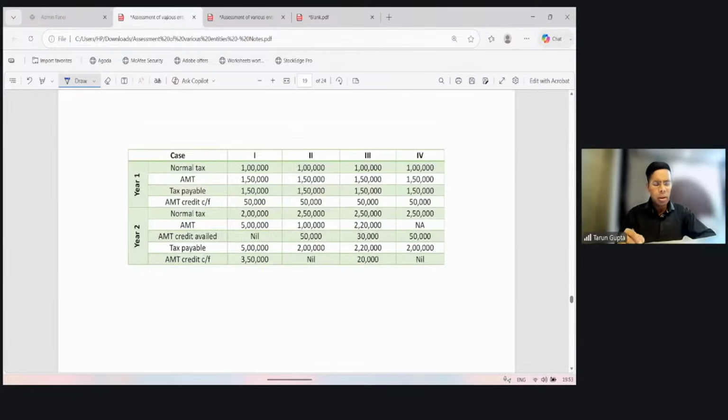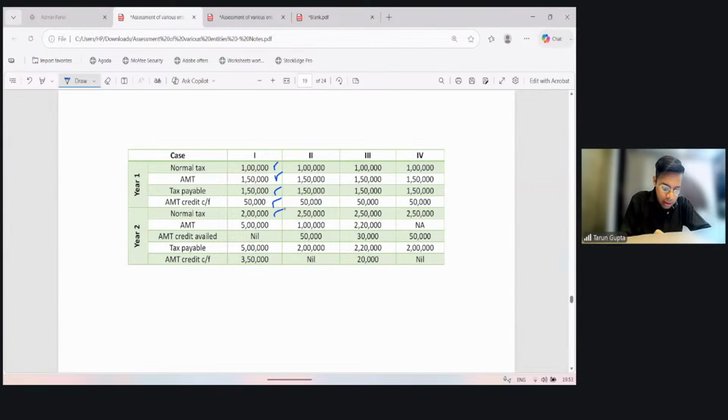So here are very simple examples to make you understand the AMT credit. This is applicable to MAT credit as well. In case one, there is normal tax of 1 lakh and AMT payable is 1,50,000. So you pay AMT of 1,50,000 and there is an AMT credit of 50,000 which you will carry forward. Year 1 is similar for all the cases. In year 2, there is a normal tax of 2 lakh and AMT is 5 lakh.